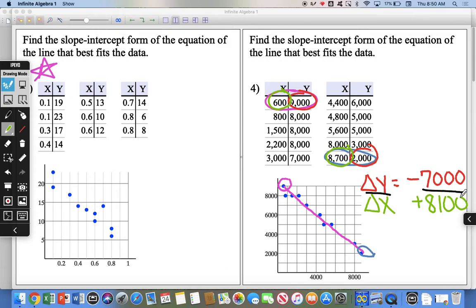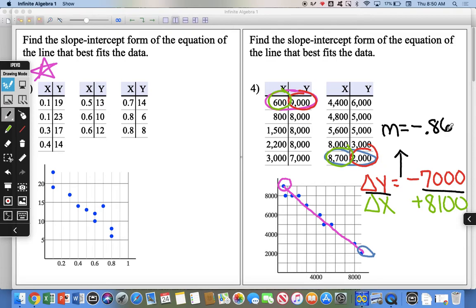All right, so I'm going to write it up here. My slope is a negative because negative divided by a positive. Did you guys get 0.86? You should have had like 0.8641975, but we can round it to the nearest hundredth.